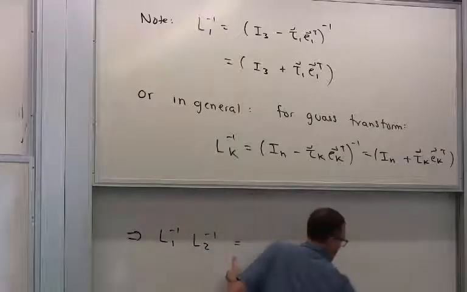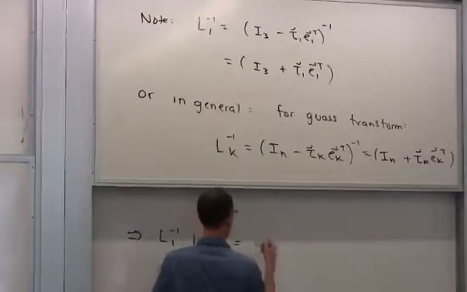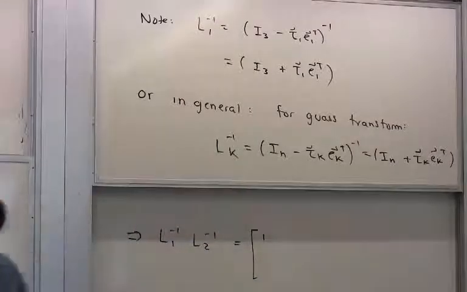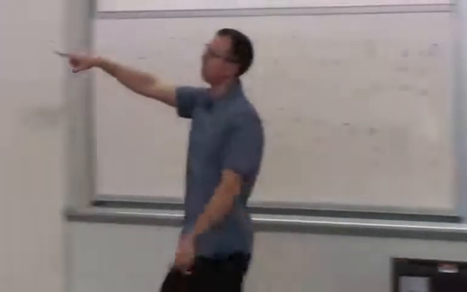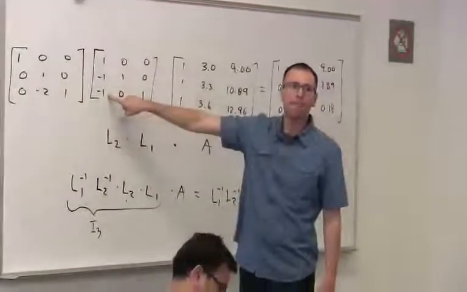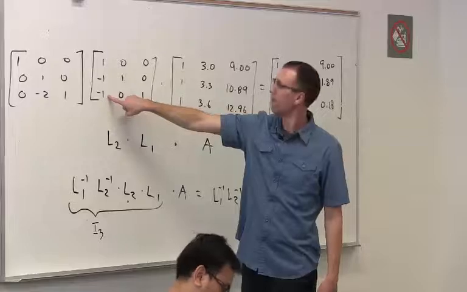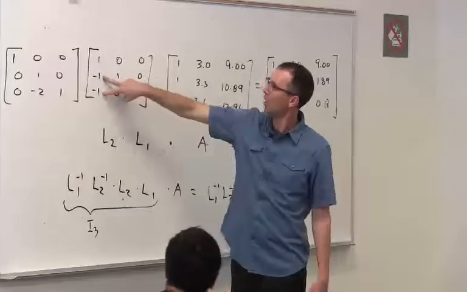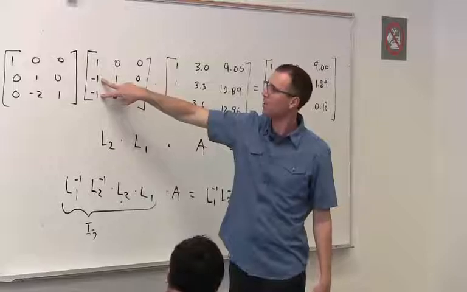So let's take a look at this. What was L1 again? L1 was 1, 1, 1, negative, negative, 0. If I take the inverse of that, what happens?